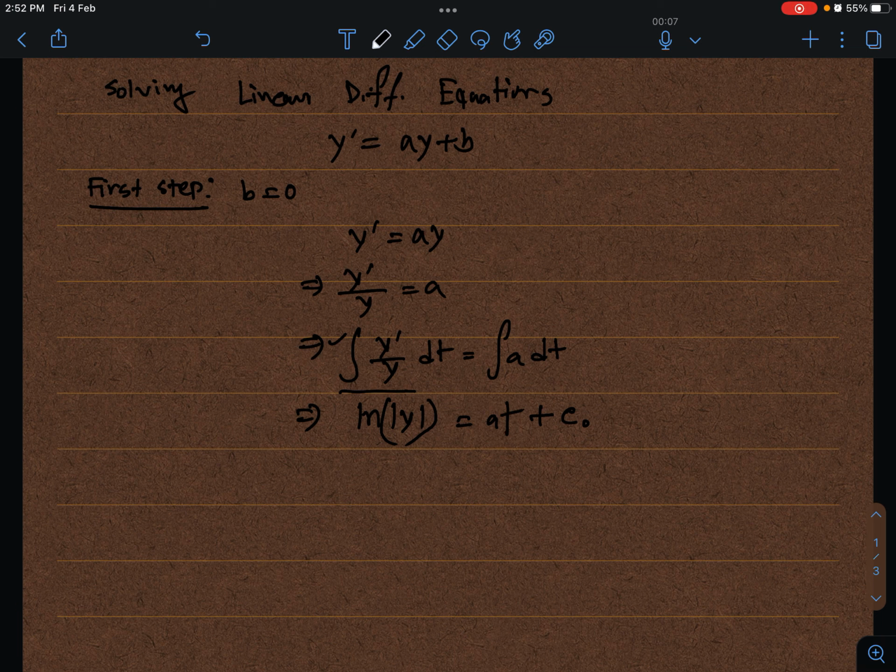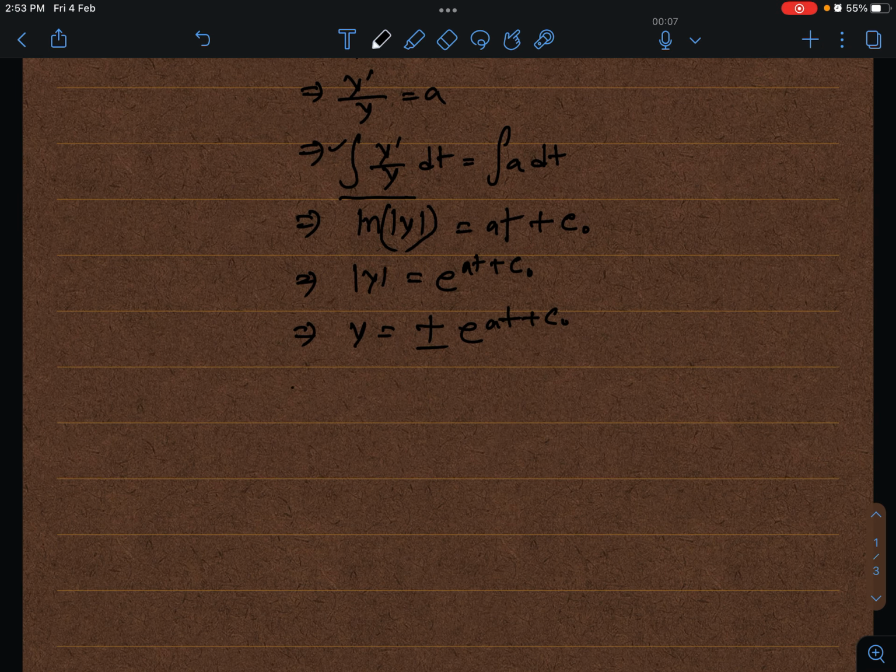So now you have mod of y equals e to the power at plus c naught, or you can say that y equals plus minus e to the power at plus c naught.